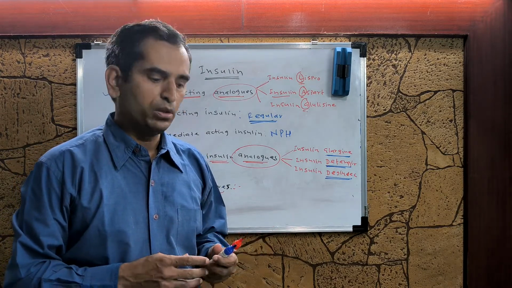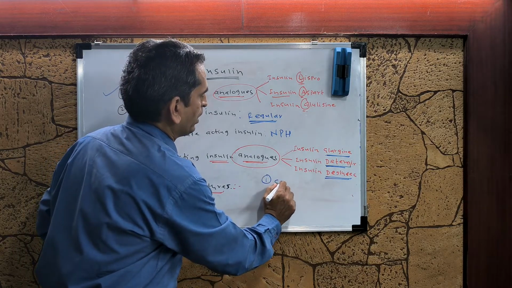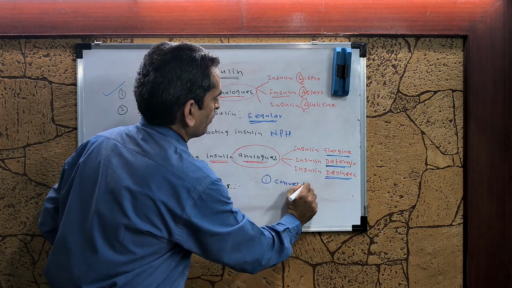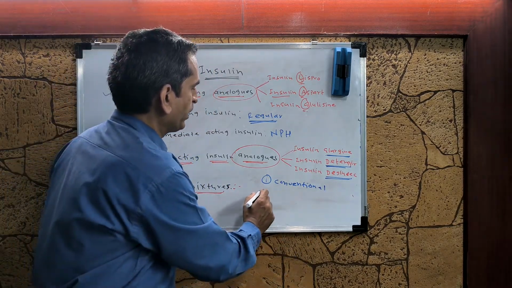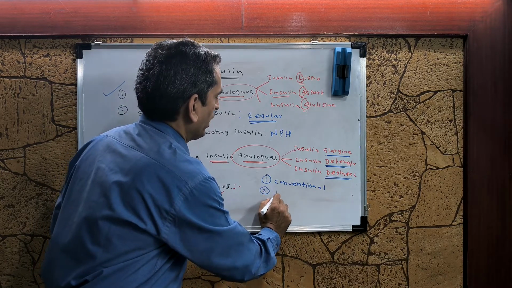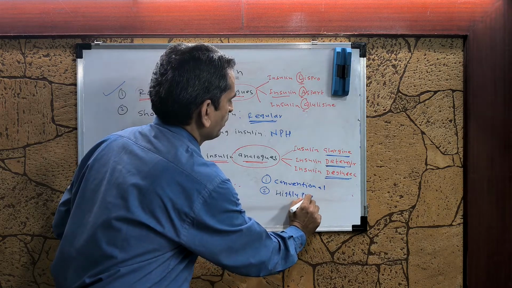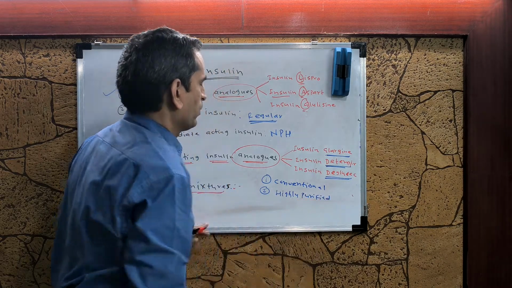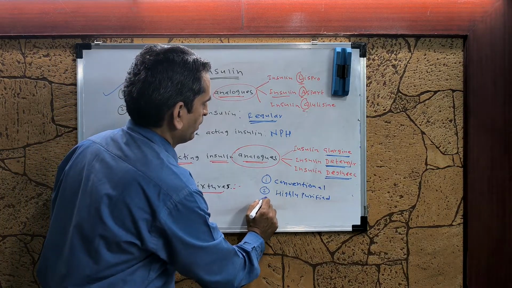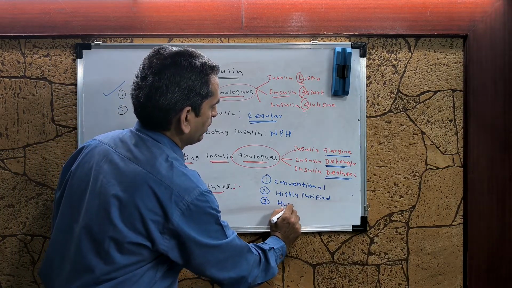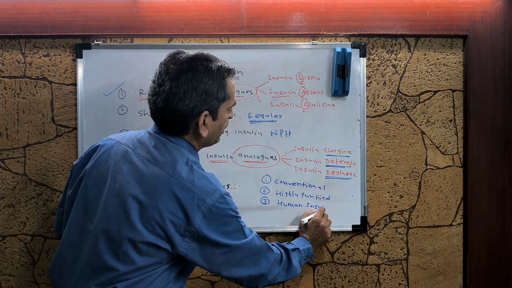The second way of classifying insulin preparations: initially there were conventional insulin preparations, the porcine and bovine insulin preparations, then highly purified insulin injections, then there are human insulins like NPH and the regular insulin or plain insulin.